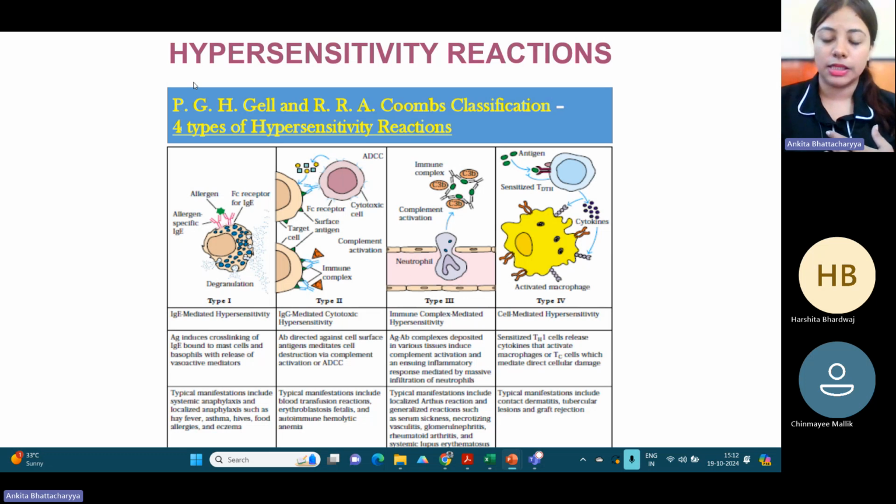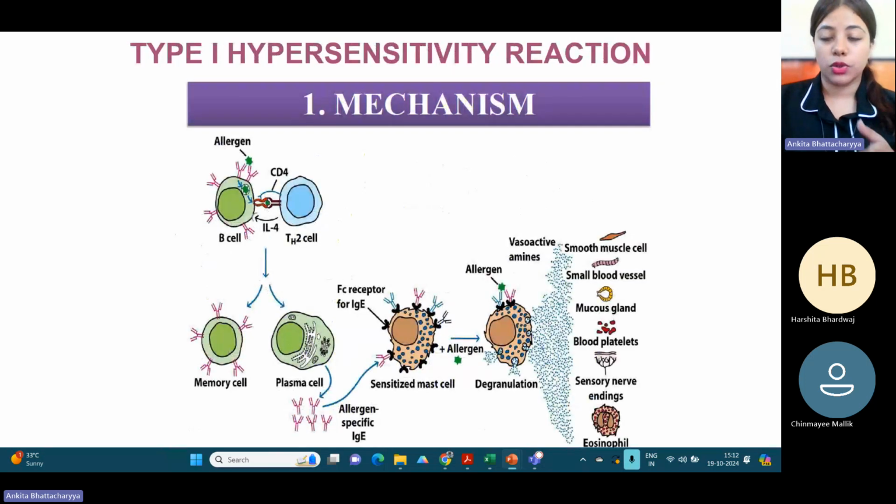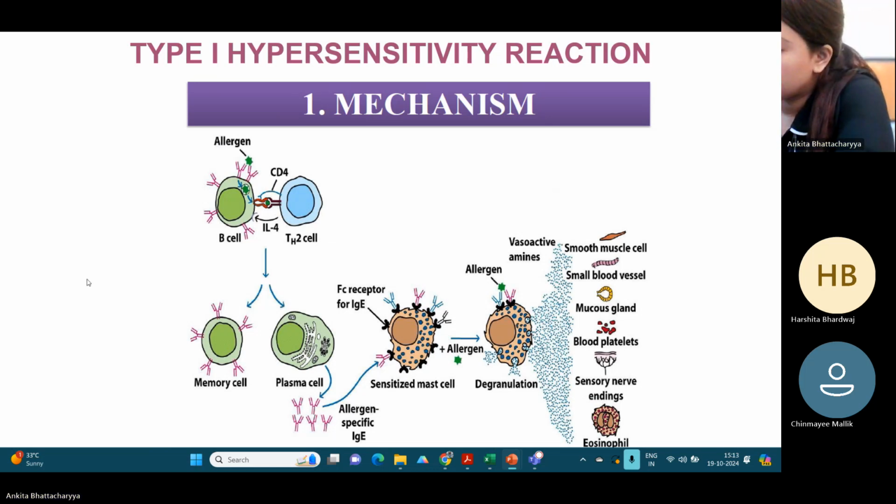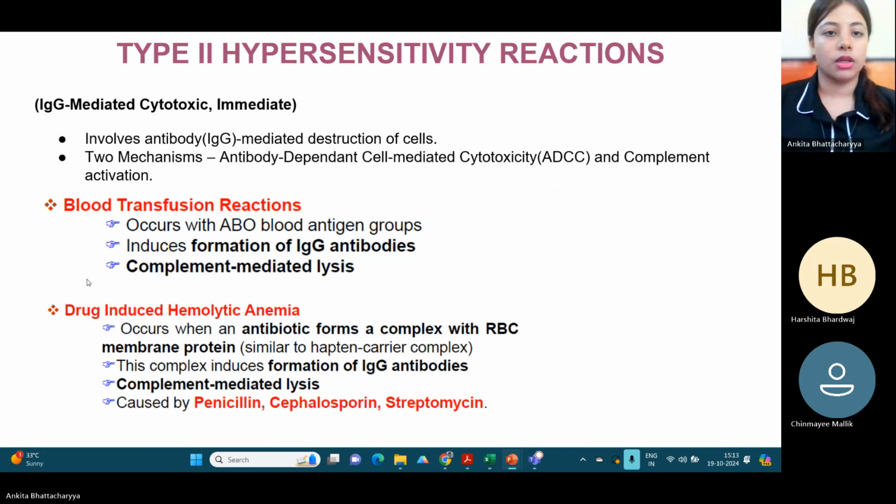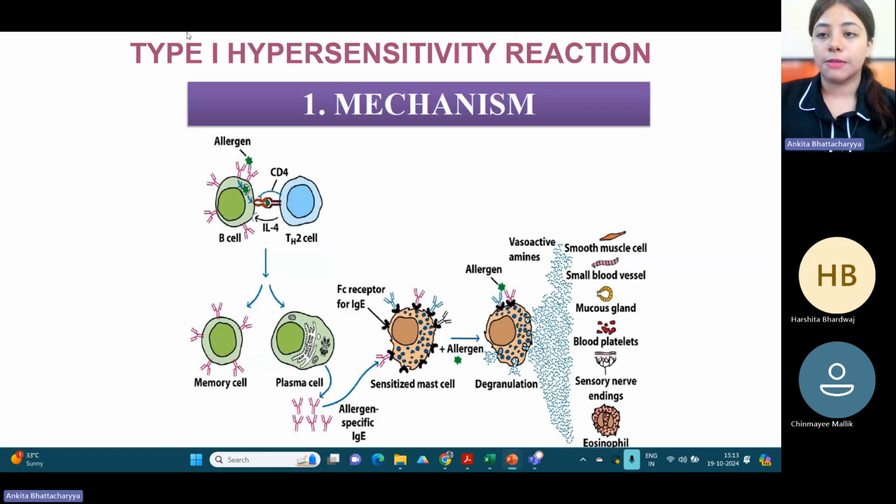You're already familiar with this table. It was part of one of my previous slides as well. So just to quickly brush up, this is what used to happen in a hypersensitivity type 1 response. As part of the type 1 response, we saw an interaction of the allergen with the antibody, which was able to recognize it.